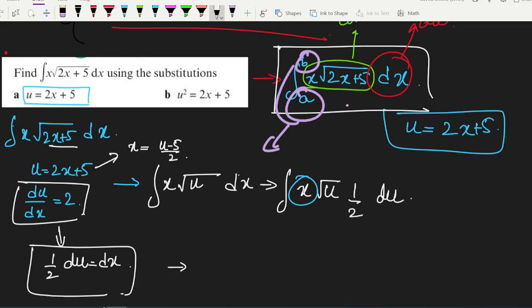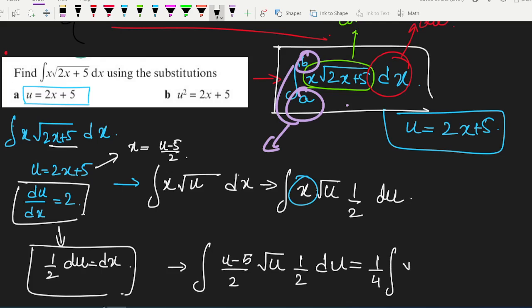So finally this integral will become the integral of (u minus 5) over 2 times root u times 1 over 2 du. Now if I simplify things and take the constant outside, I get 1 over 4 integral of root u times (u minus 5) du.